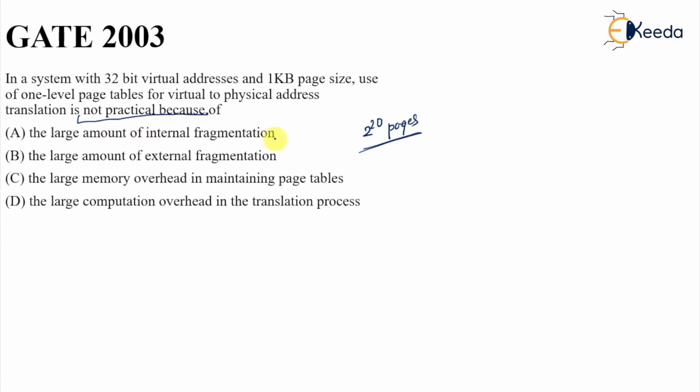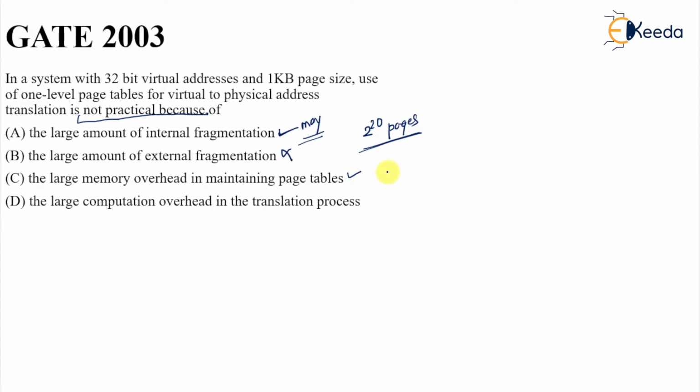Internal fragmentation may be there, but whether large or not we cannot say. External fragmentation will not be there. The large memory overhead of maintaining the page table is the issue.